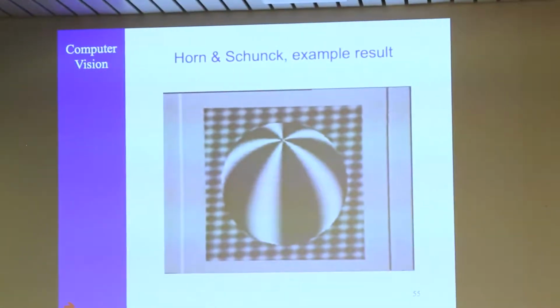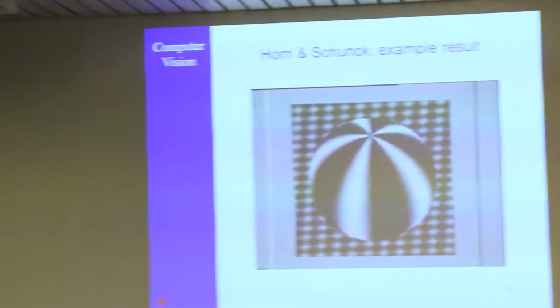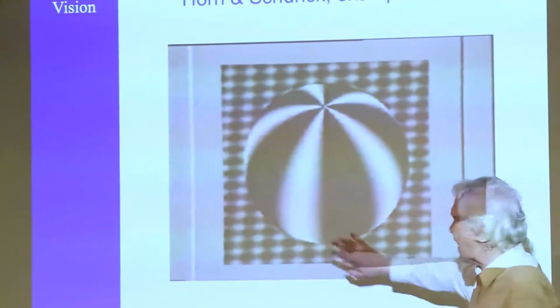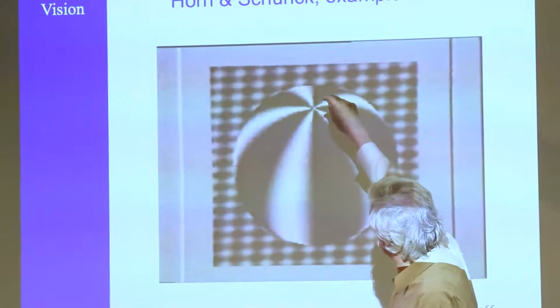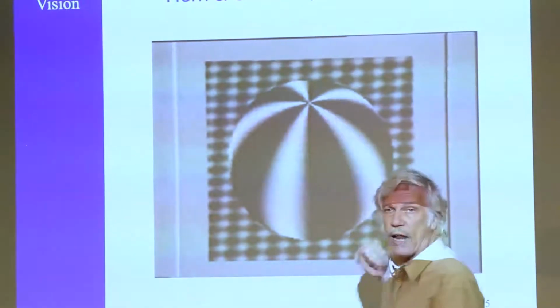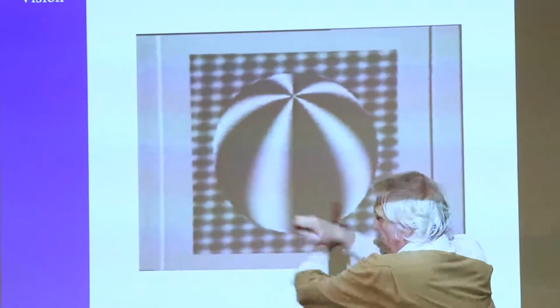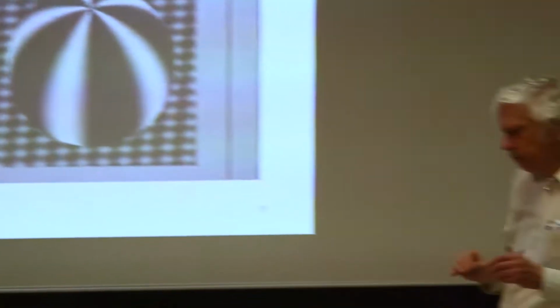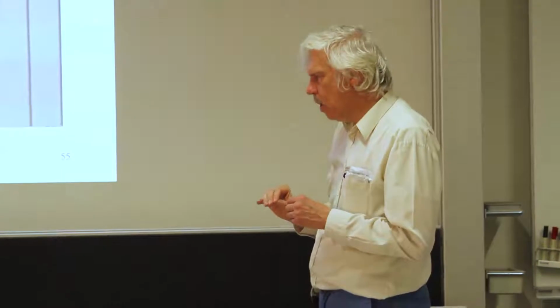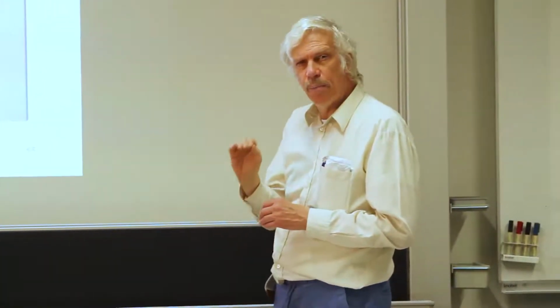This is an example. So in this case we have a sphere, it's standing on a still background, and it spins around a vertical axis, so you will see these balls spinning around. And then we start from an initial state where u and v are put to 0 everywhere.